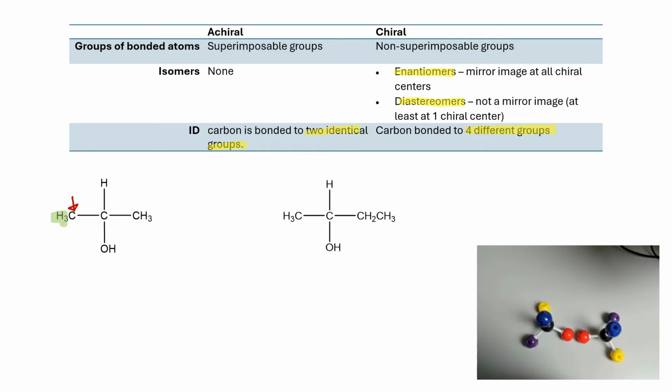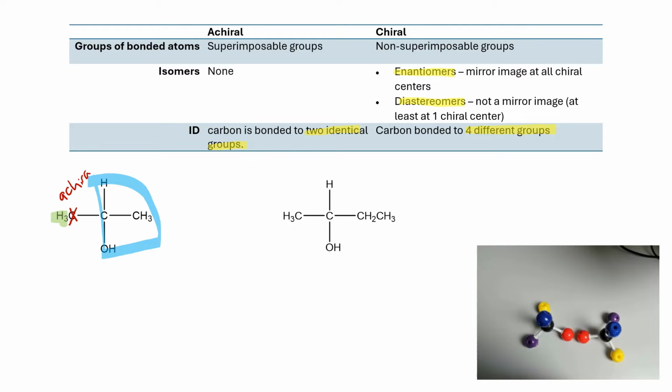On this first carbon, 3 of my groups are hydrogen, and 1 group is all that other stuff. It's a very scientific term. Because it's got 3 of the same group, this carbon is not a chiral carbon.